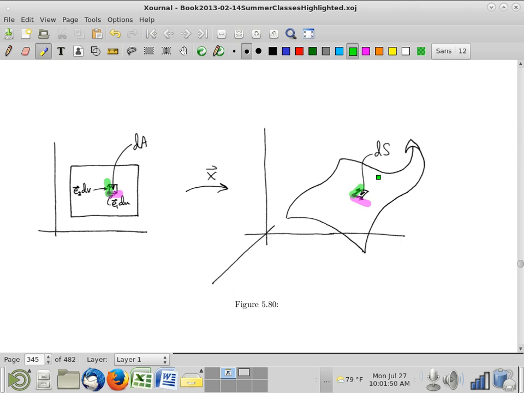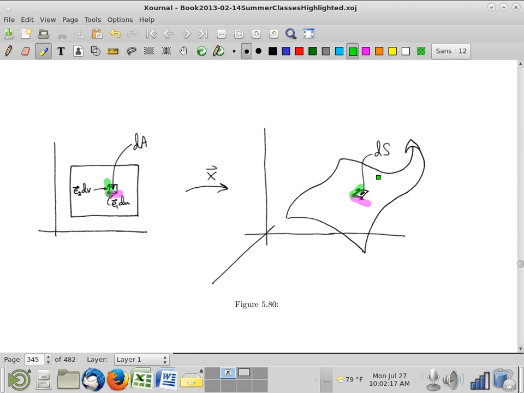And as a side note, chapter 1 tells me how to compute the area, this dS area, of a parallelogram when I know the edge vectors. There's a handy-dandy chapter 1 formula for that: the magnitude of the cross product. So I'm just going to compute these two vectors, plug them into that chapter 1 formula for area, and that'll compute dS for me.